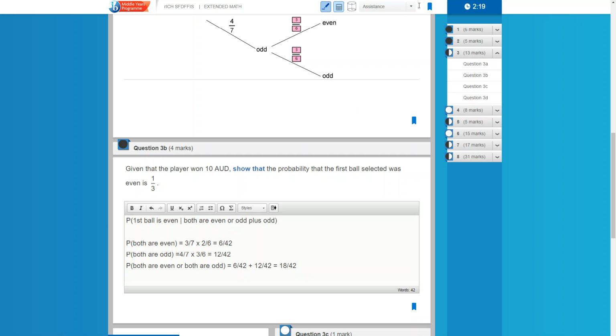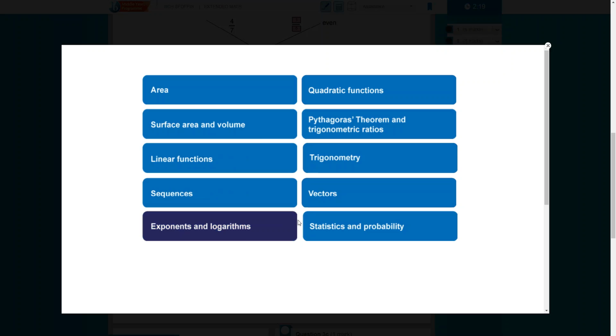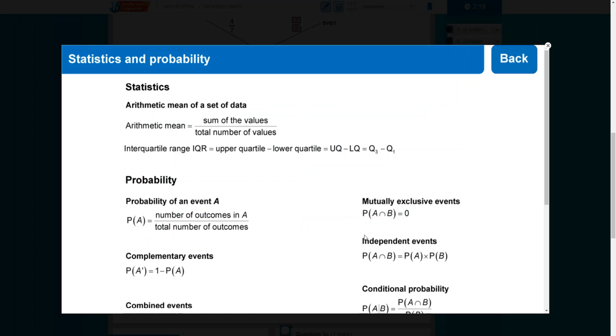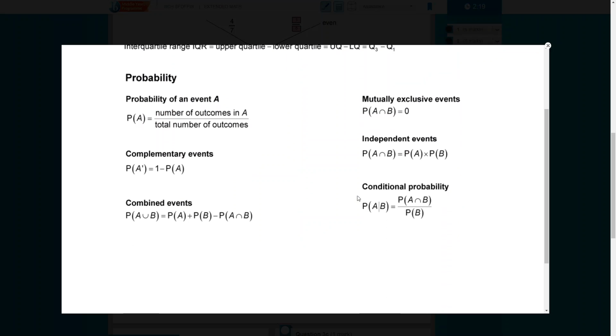Now, if I go up to my formula booklet, I'll bring that up in a second. I have this formula, conditional probability. What does this say? If I have to read this out? Probability that A happened given B. Right, good. The probability of A happening given B has happened is equal to the probability of A and B happening over the probability of B, okay?